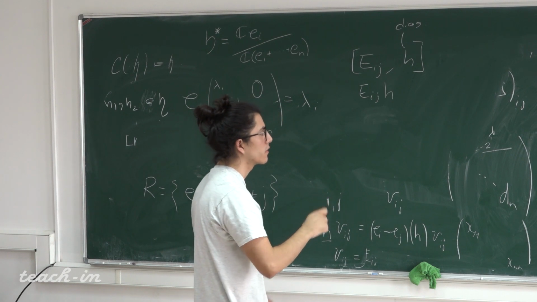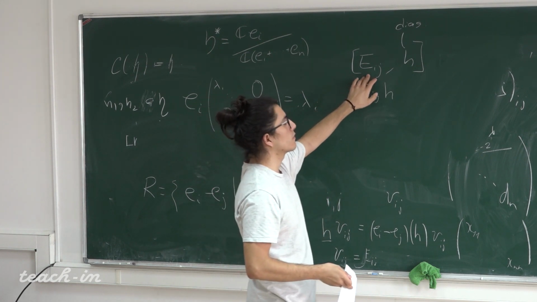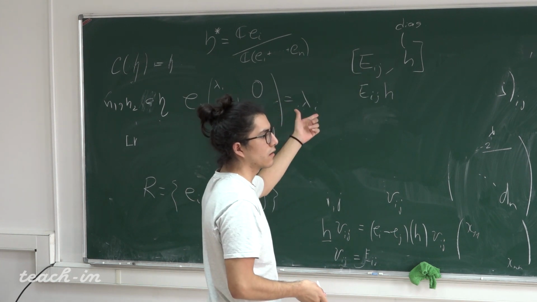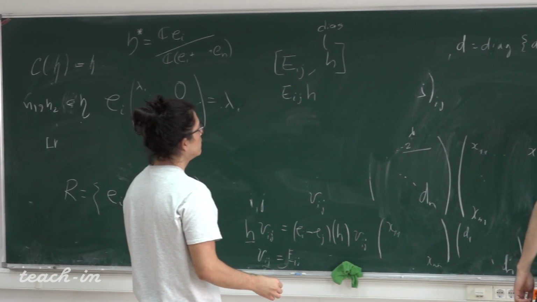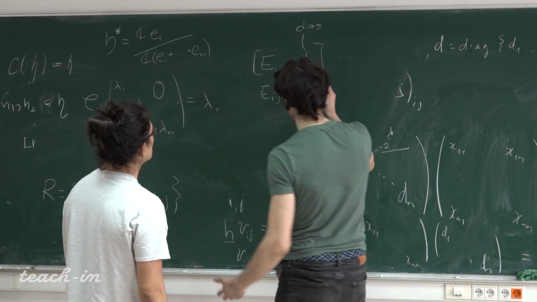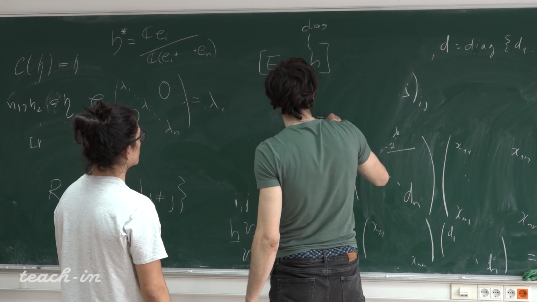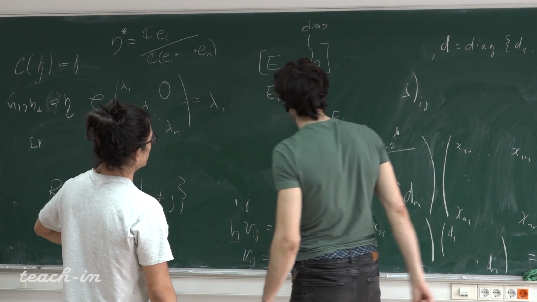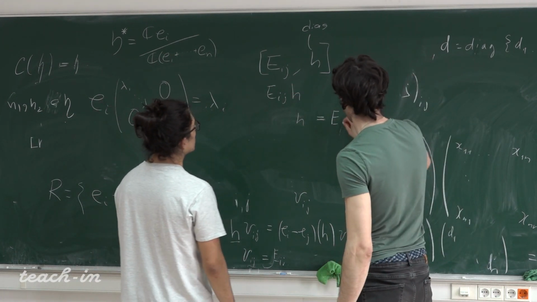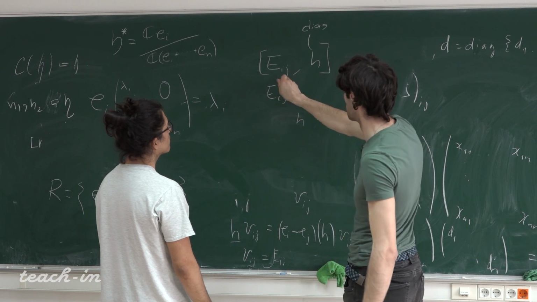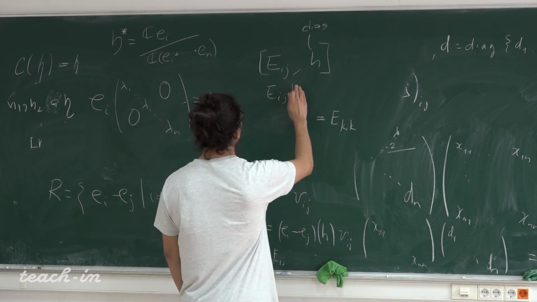Let's check. All the elements of G are like this and like that. My suggestion is take H first. It will not be in SLN, but whatever. Just for the diagonal, just Ei. Then maybe not EKK, to not confuse indices with this one.